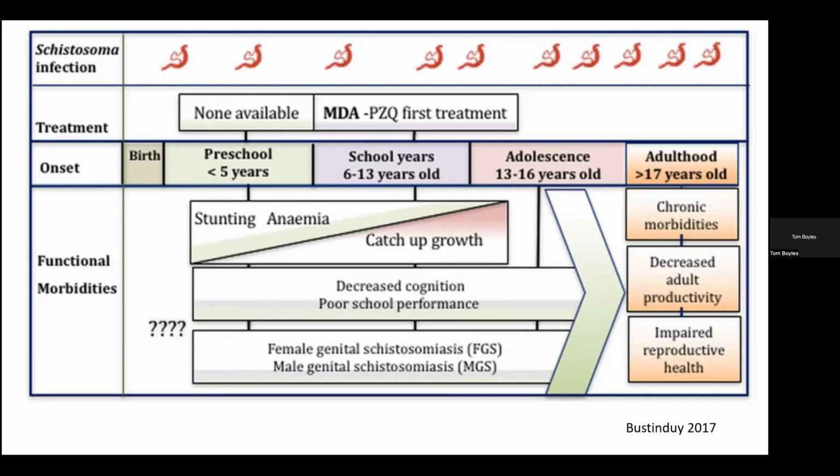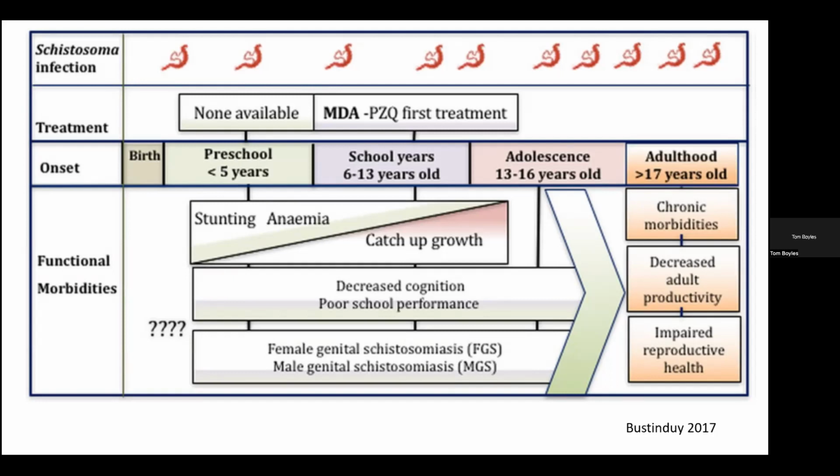This loss of blood can be a potentiating factor in stunting and anemia, but it can also be the pro-inflammatory state, probably more than just the anemia itself, although these things are clearly linked, that leads to decreased cognition and poor school performance. Now, if treatment is given, as it is in some places, and we'll come to that just now, then it is possible to reverse that with a degree of catch-up growth and improvement in school performance.